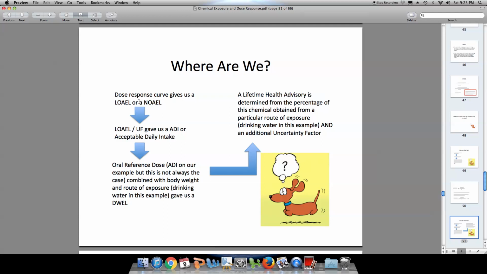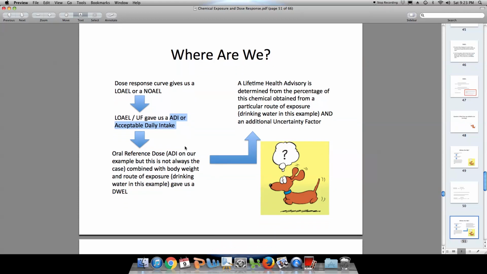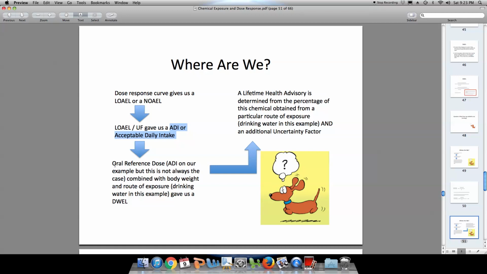So, as before, we start with a dose-response curve to give us a lowest observed adverse effects level and a no observed adverse effects level. We divide that by our uncertainty factor to give us our ADI, or acceptable daily intake, which we could also call a reference dose, or in this case, an oral reference dose, since we're talking about exposure through the mouth and drinking.